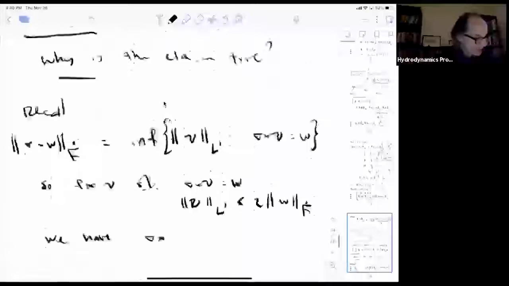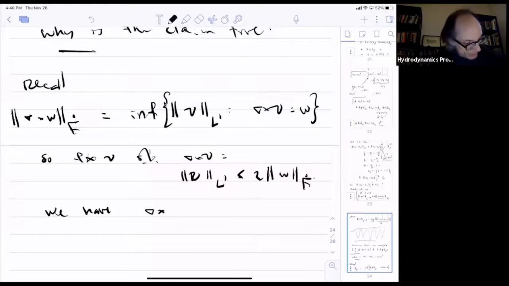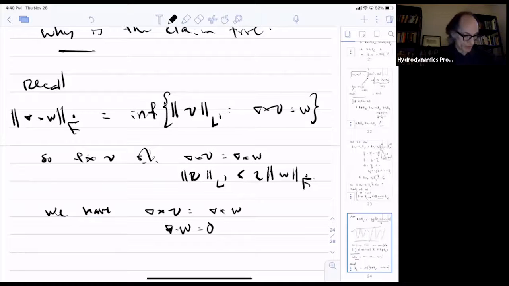Okay, and so we have that the curl of nu is the curl of W. And the divergence of W is 0, which is not true of the divergence of nu.